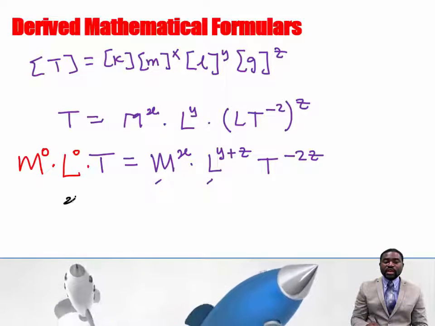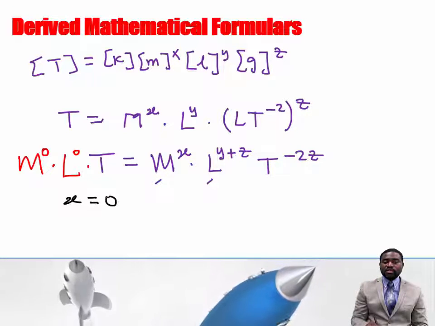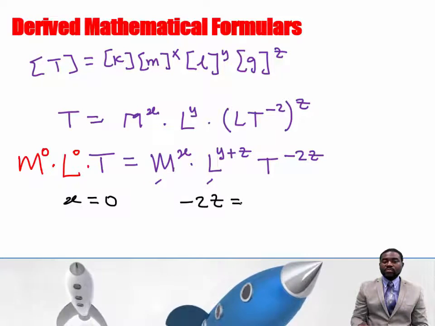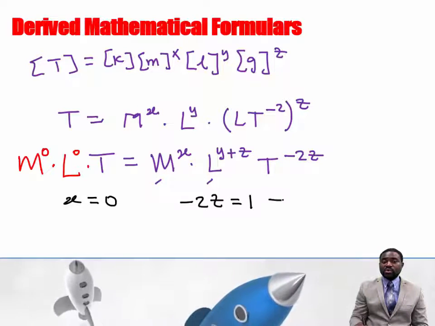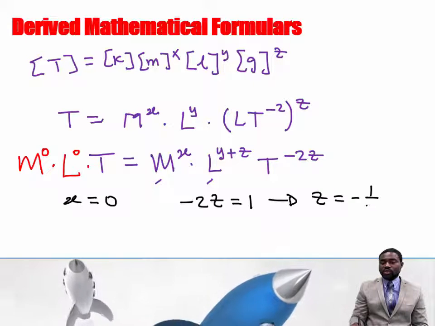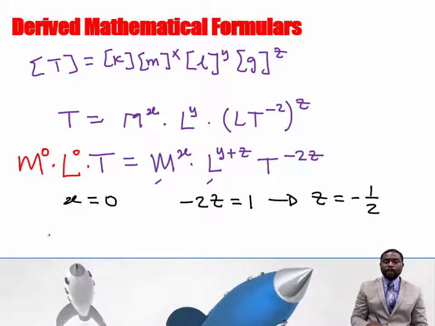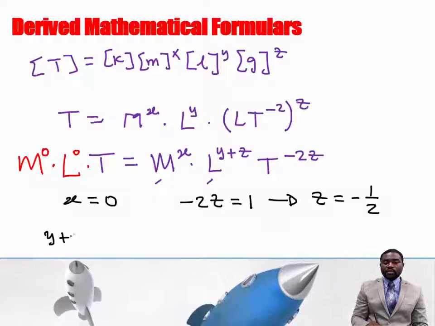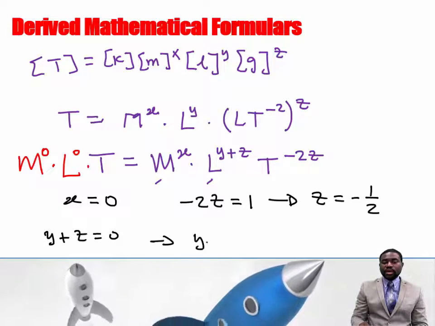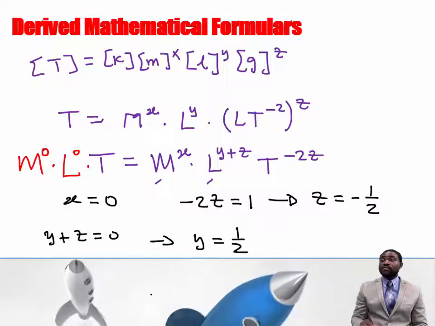As a result, x will be equal to what? 0. Negative 2z will be equal to 1, which means that z is equal to negative 1 over what? 2. Therefore, y plus z will be equal to 0, which means that y is equal to what? Half.